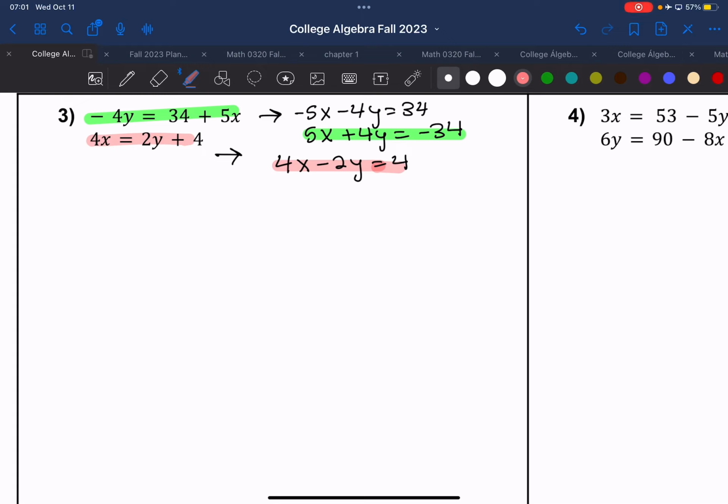Okay. So once I have my two equations in standard form, what do I have to do next? Good, put it into a matrix. That's what I'm going to do. So I have 5, 4, negative 34, 4, negative 2, 4.